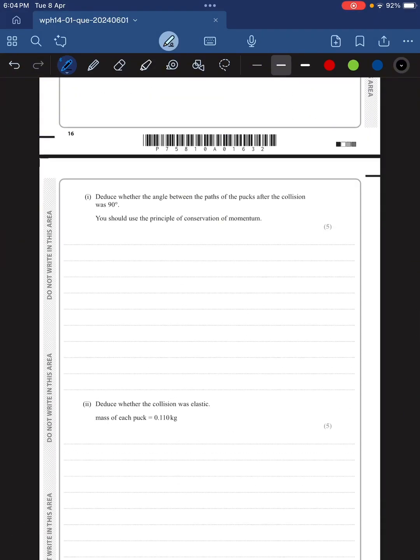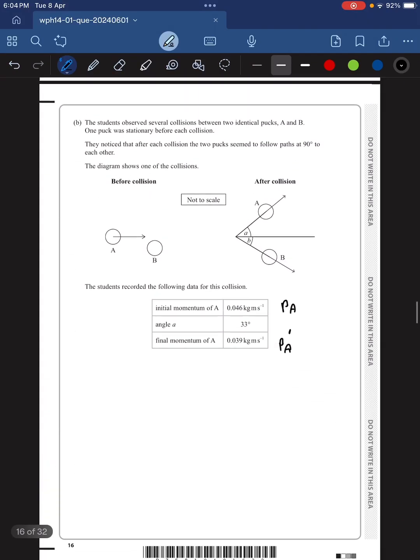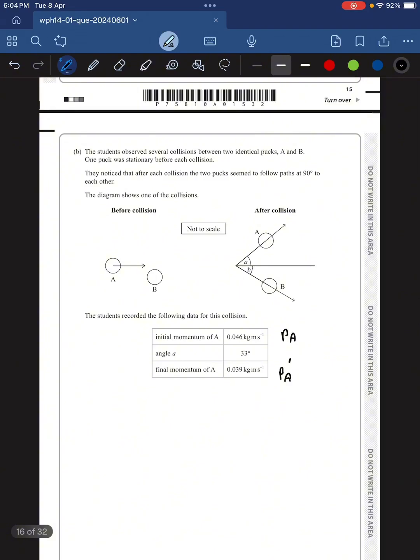Part 1: deduce whether the angle between the paths of the 2 pucks after the collision was 90 degrees. You should use the principle of conservation of momentum. Okay, so this is going to be a little bit involved, but let's try to make sense of this. When I work with momentum problems, I want to separate the situation before the collision from the situation after, which is done for us automatically since they give us the nice diagram here.